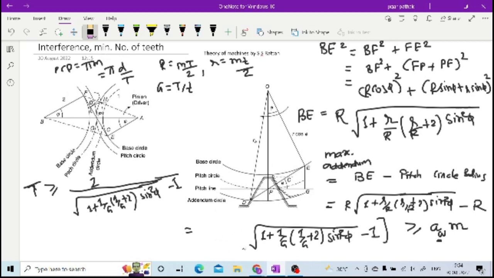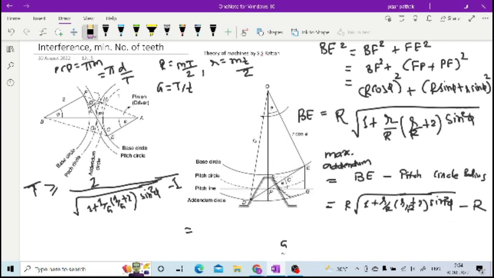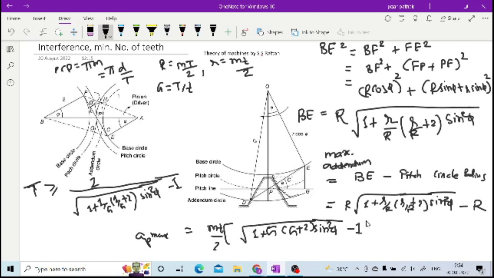A_P max for your pinion can be written as mt by 2, in bracket, square root of 1 plus G times (1 plus G plus 2 sine square phi), minus 1, right?